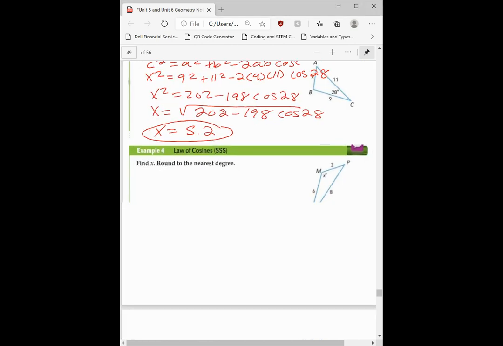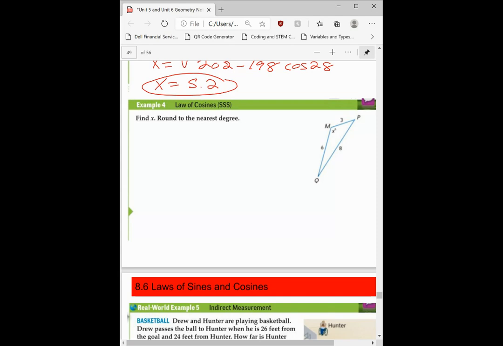Okay, let's look at example 4. I have m squared is equal to p squared plus q squared minus 2pq cosine of M. Let's plug everything in. So I have 8 squared equals 6 squared plus 3 squared minus 2 times 6 times 3 cosine of x. So now we're trying to find x.